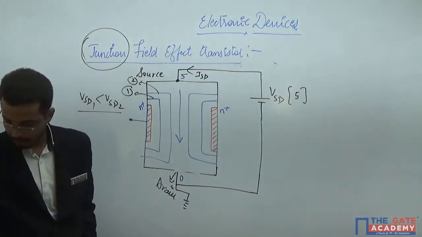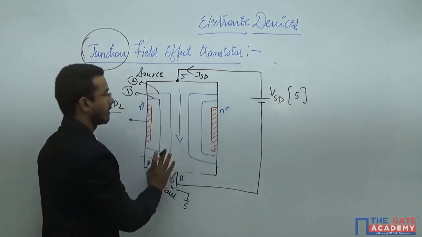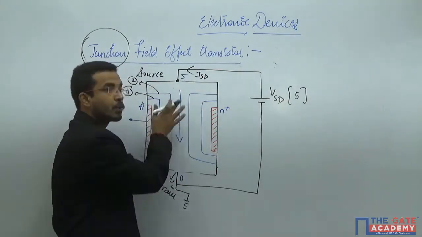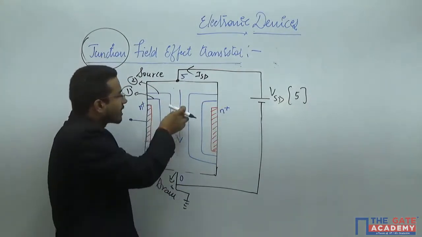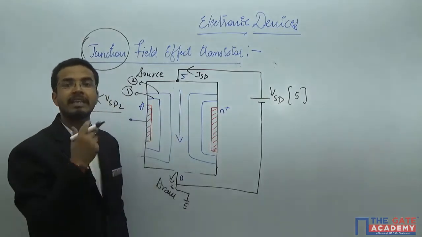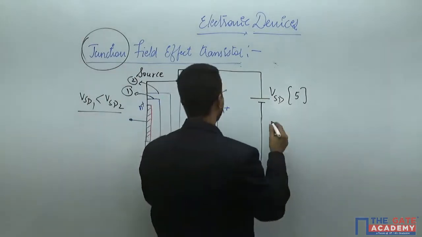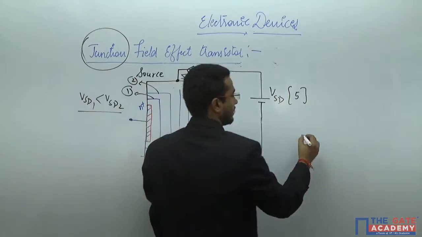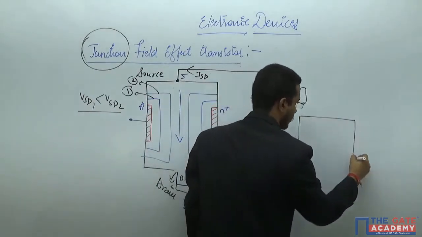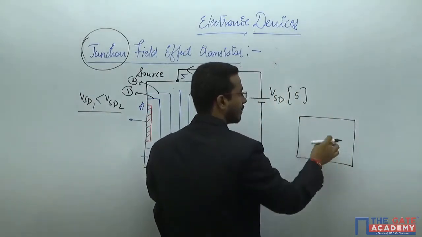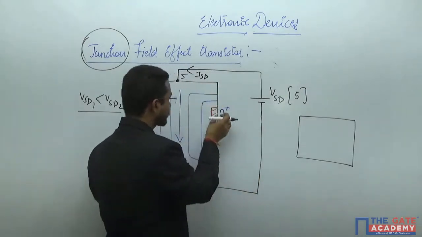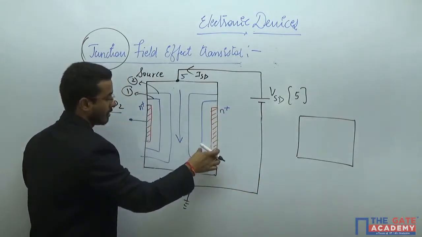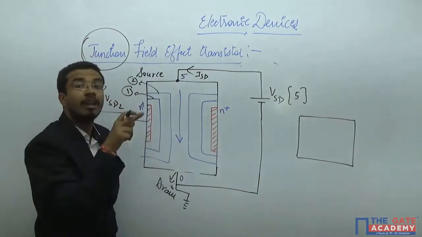Okay. Now, how is it looking? In 2D, you are able to see the total width only. But if you see it in 3D, I am only drawing the top view. If this is the total area of the device, you have seen that the depletion width is increasing in all directions.